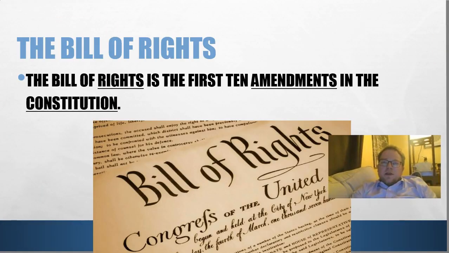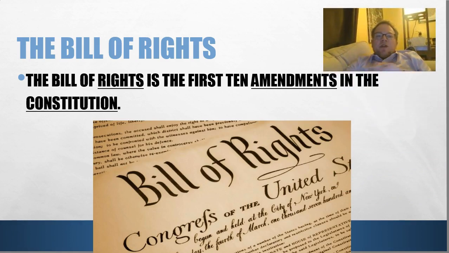The Bill of Rights. So what is the Bill of Rights? The Bill of Rights is the first 10 amendments to the Constitution. The guys who wrote the Constitution, again, we talked about, these were really smart, very educated guys. One of the things they wanted to make sure of was that the Constitution would last.